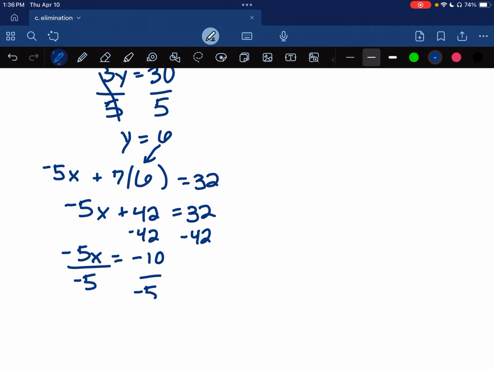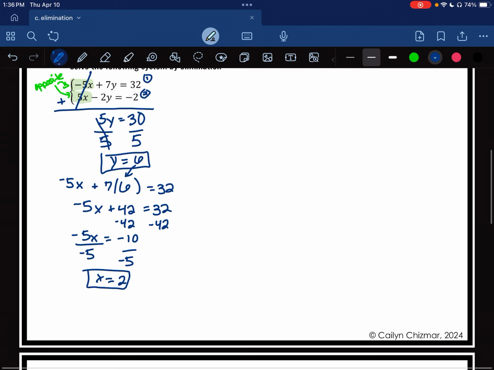Get x is equal to positive 2. All right, so your teacher may be totally fine with you leaving those as separate, right? x equals, y equals, or they might ask you to write your answers as an ordered pair. So you're going to have to check with them to know what's going on.